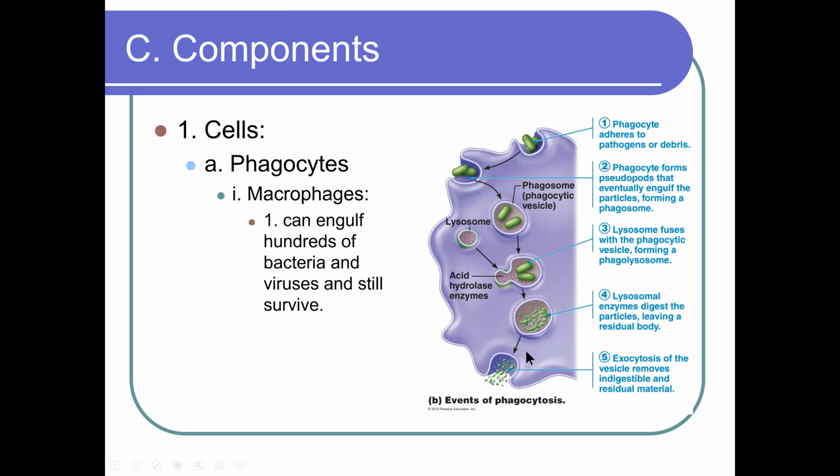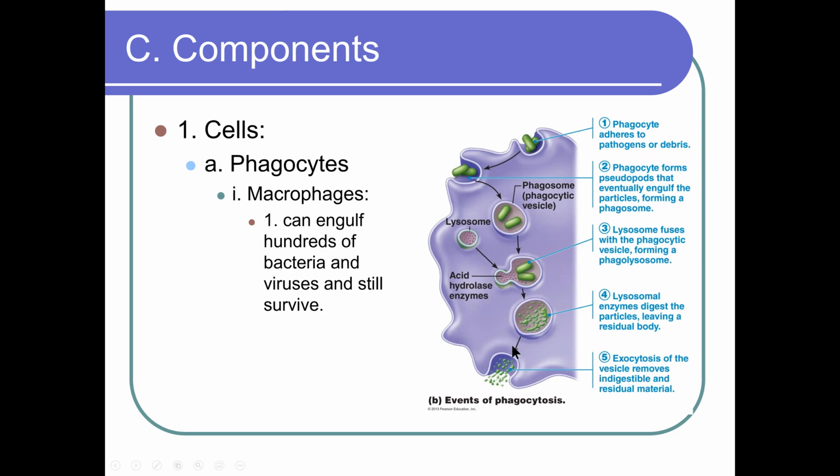We'll find that out next week. In this particular case, all they're doing is just trying to kill it. Bring it in, attach a lysosome to it, kill it, and expel the parts.